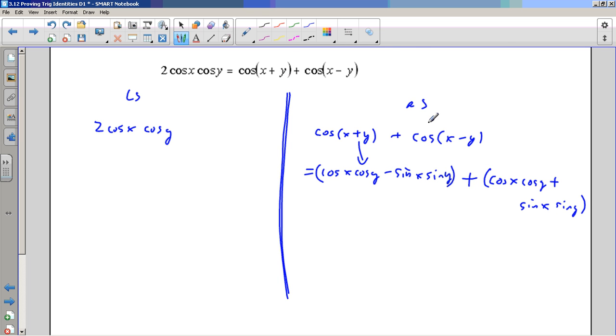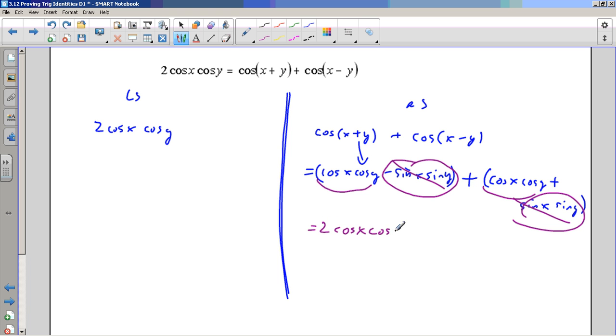This is beautiful, actually, because look, negative sine x, positive sine x, cancel, cancel. These are like terms. Cos x cos y and cos x cos y equals 2 cos x cos y, and wow, that one was easy peasy, actually, right?